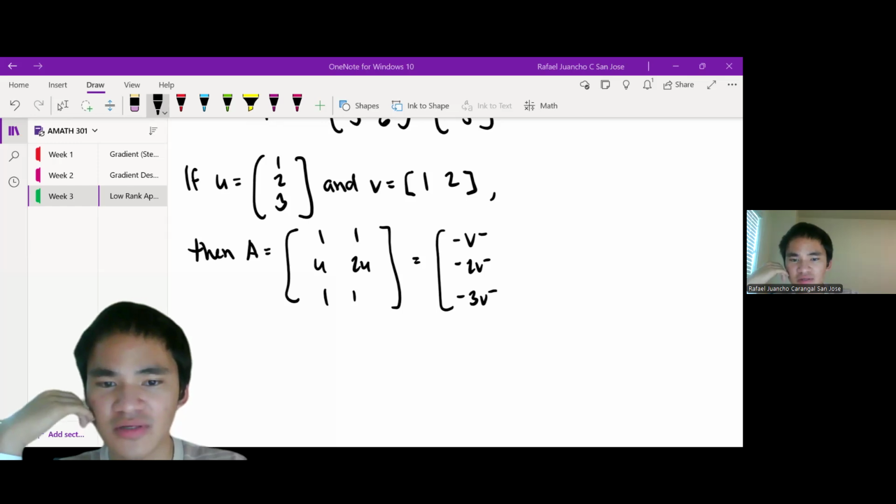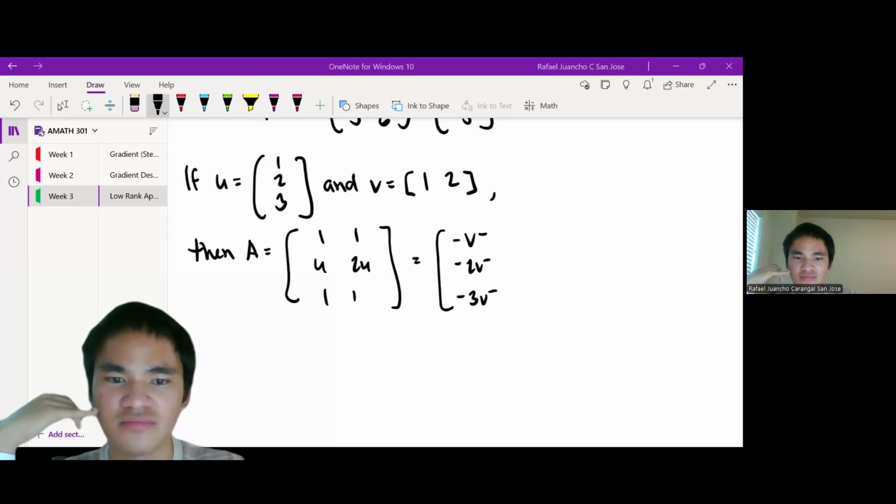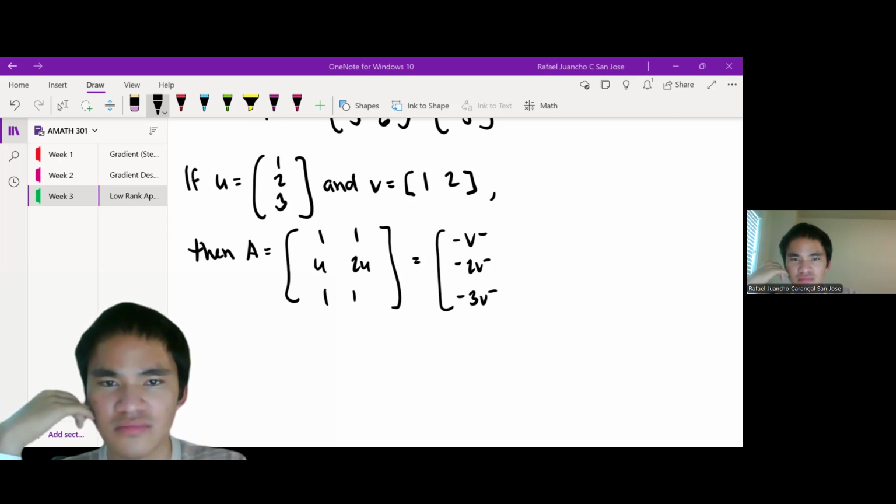Oh, it's an outer product. Okay. Yeah, so it's an outer product of U and V. Oh, so U builds the columns and V builds the rows.